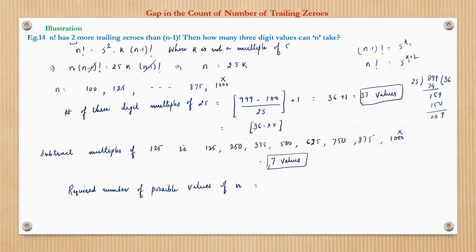It is nothing but 37 minus 7, which is 30. So 30 values, right? So this is very straightforward.